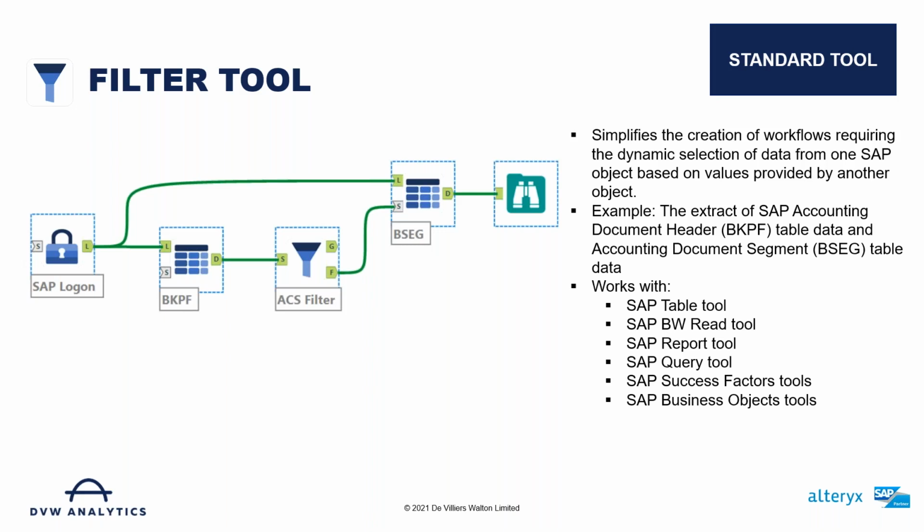One is that we never hit the database directly. By hitting the application layer, that brings in the ability to look at the user's authorizations. You saw already that I had to log on, so it will respect entirely the authorizations that have been set up on the SAP side. So if the SAP team say I can't see that data, then these tools won't let you see that data by magic, as it were.